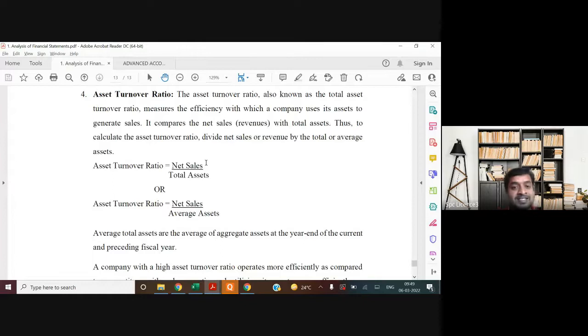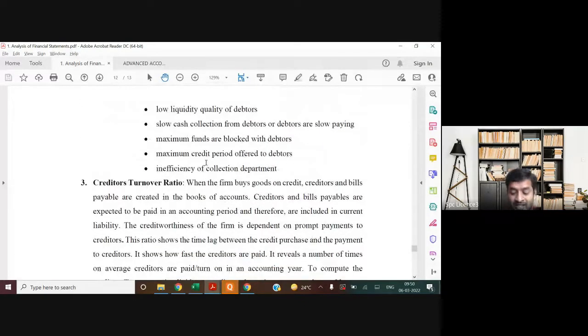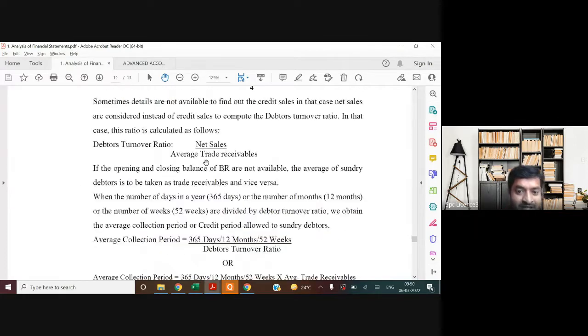For example, in asset turnover ratio, what is tested? The efficiency of asset utilization in generating sales, that is tested in asset turnover ratio. Now in creditor turnover ratio, what is measured? The efficiency of credit management, how creditors are managed, how well creditors are managed, that is tested in creditor turnover ratio. In debtor turnover ratio, what is tested? The efficiency of the receivable department, those who are responsible to receive the debtors in time, their efficiency is tested in debtor turnover ratio.